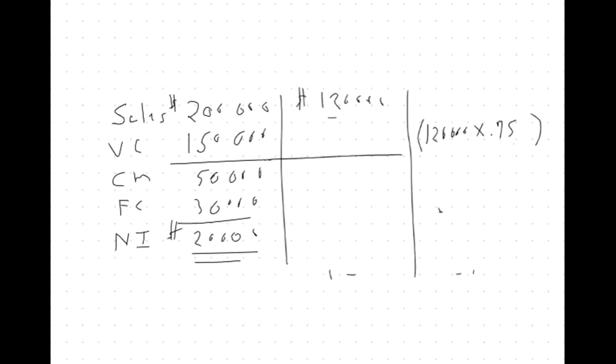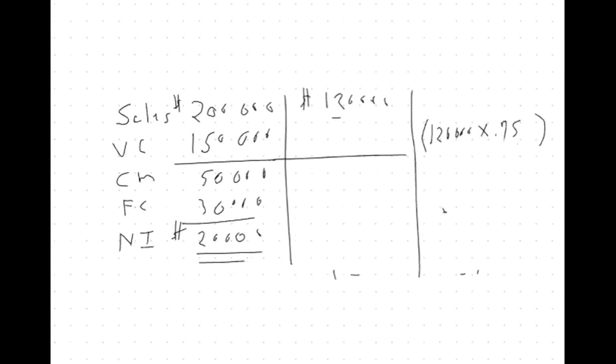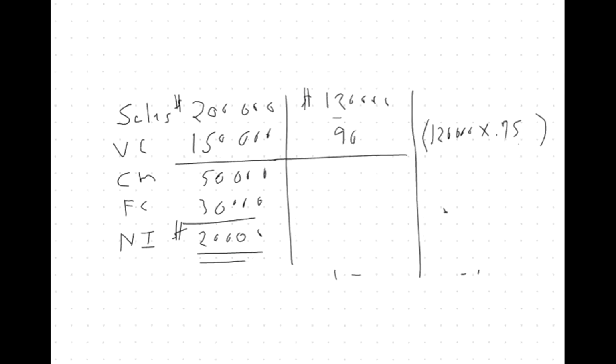I think that's 90,000, if I'm not mistaken. Okay. Now I want to compute the contribution margin. So what am I going to multiply the sales by? The contribution margin ratio, and that gets us 30,000. And the fixed costs are 30,000, and the net income is zero. So we did it correctly.